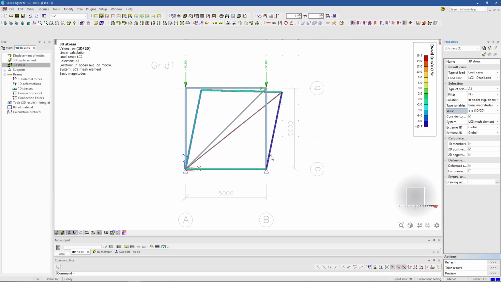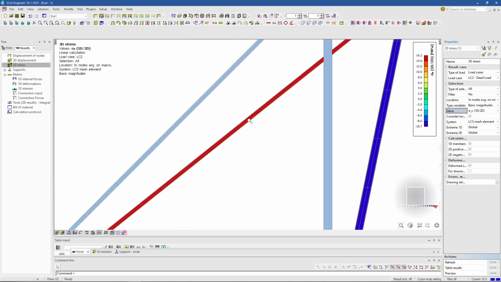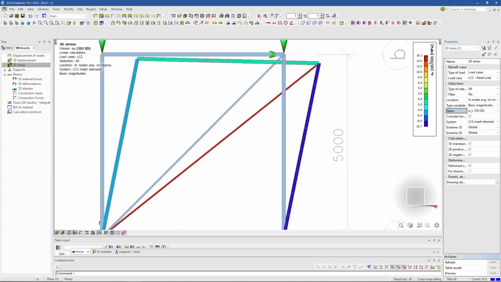By looking at the values, you will see this is experiencing more compressive stress as compared to this. Why this is red is that it's also experiencing tensile force.